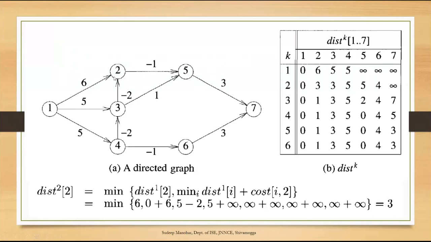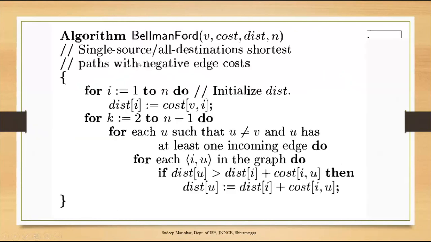If the current value is greater, then whichever is minimum, we have to update. Since we are considering the minimum, if it is greater, we update with the minimum value that gives the distance to that particular vertex. So this is the algorithm for the Bellman-Ford problem.